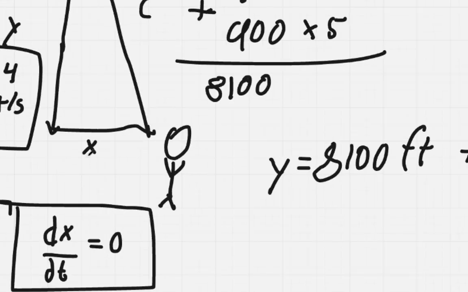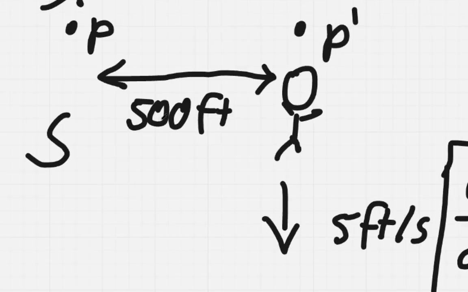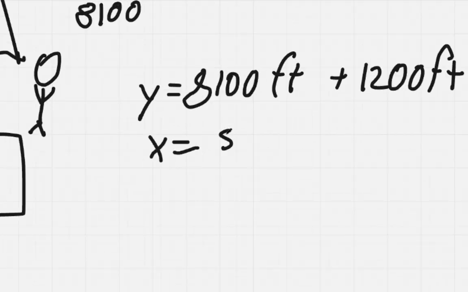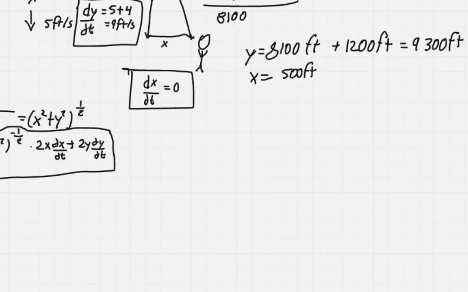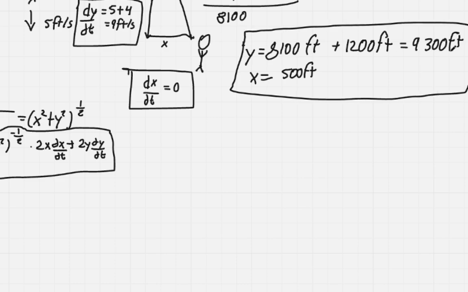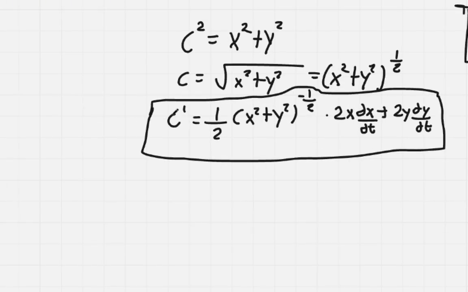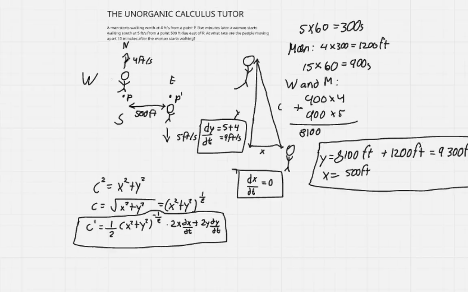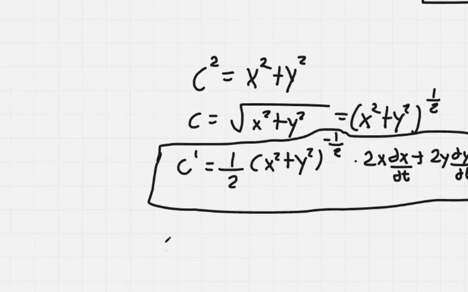And we know that x never changes, and that x is 500 feet because it's 500 feet from our initial point. So these are our dimensions for the right triangle. And now all we do is plug it in, and we'll find the rate of change of c at the 15-minute mark.